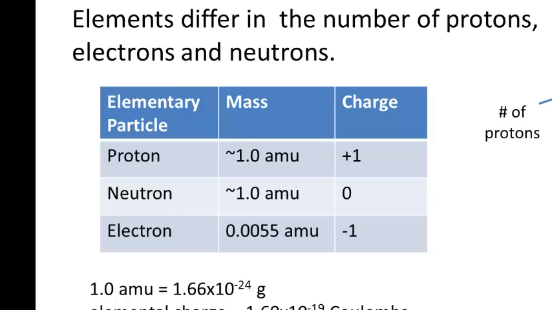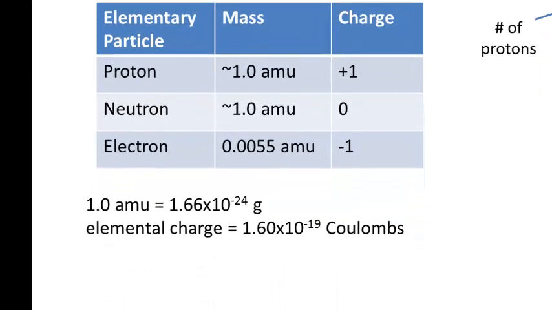Now, what are these relative charges and masses, an AMU unit? Why don't we give the mass of a proton in terms of something we could weigh, like grams? Well, we can, but the number would be very, very, very small.